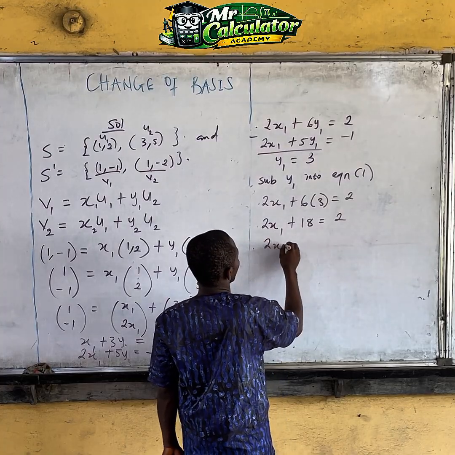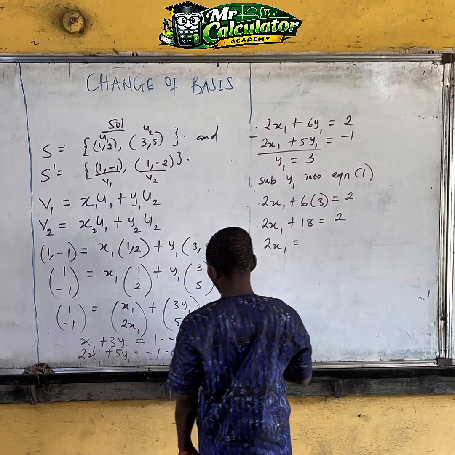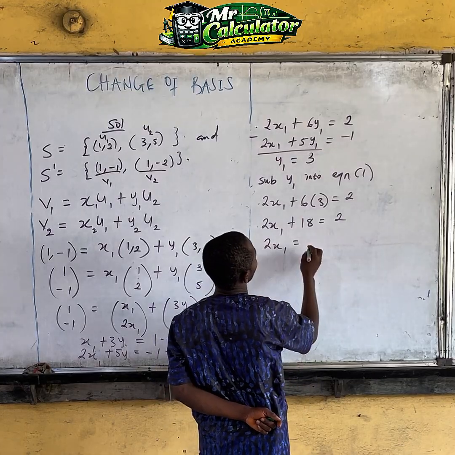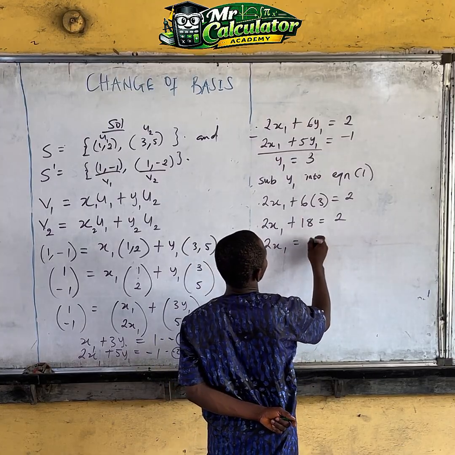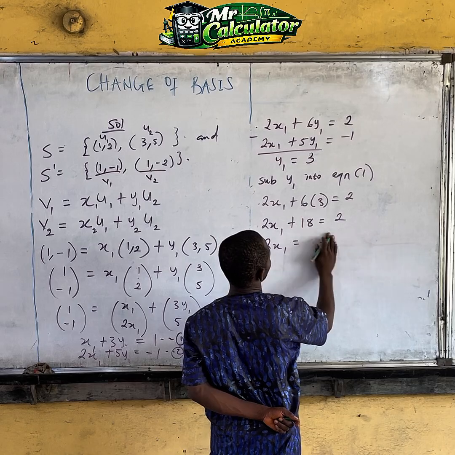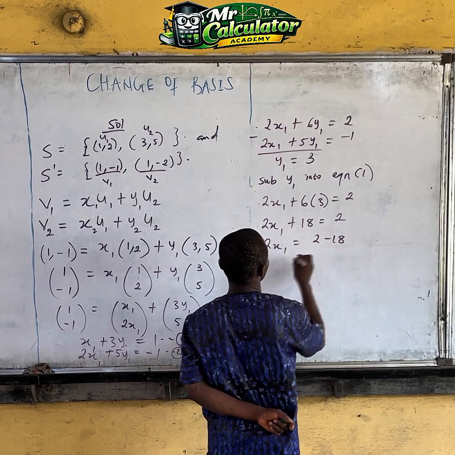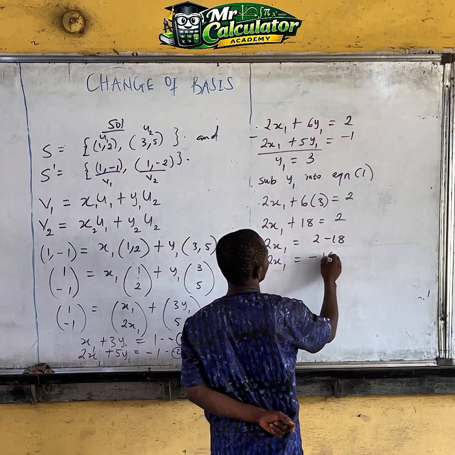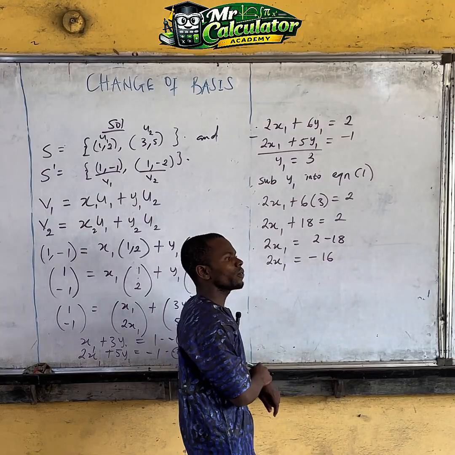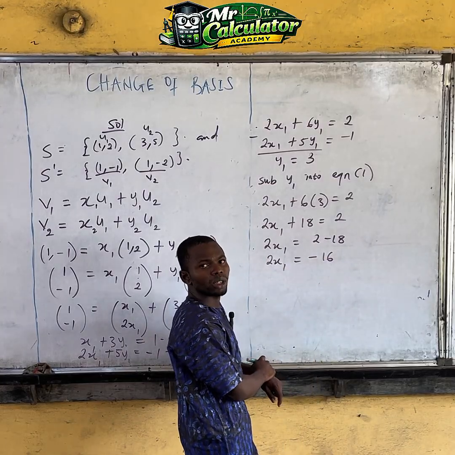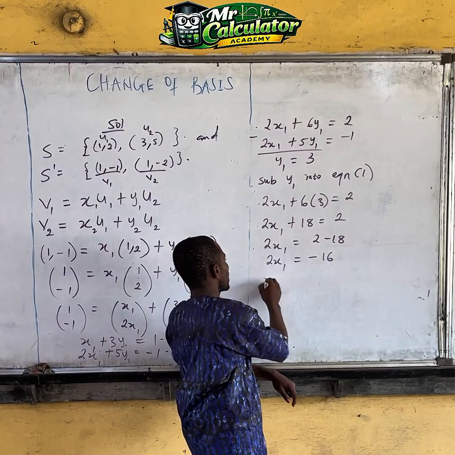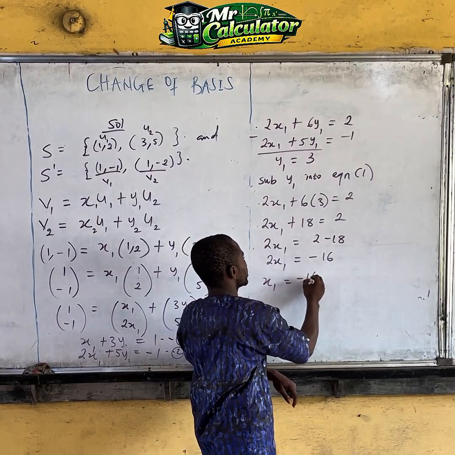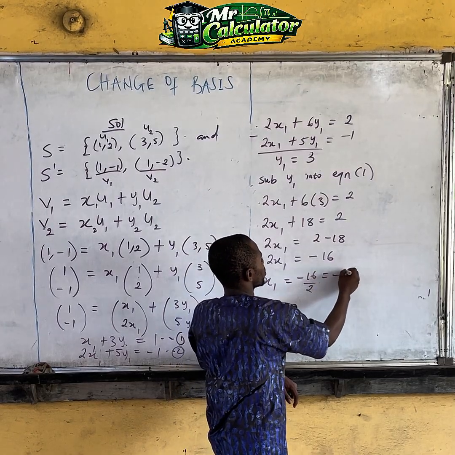So 2X1 will be equal to 2 minus 18, which is -16. But don't forget, we are looking for X. Divide both sides by 2, so X1 is -16 over 2, which is equal to -8.